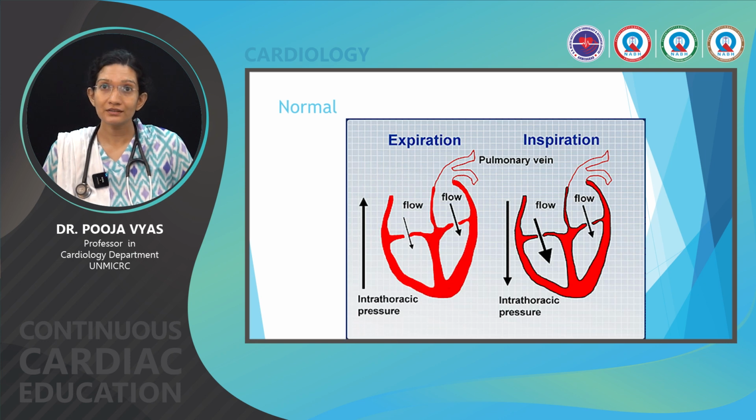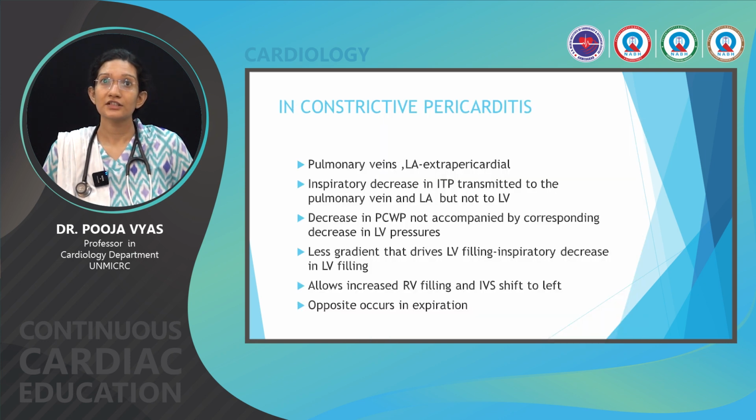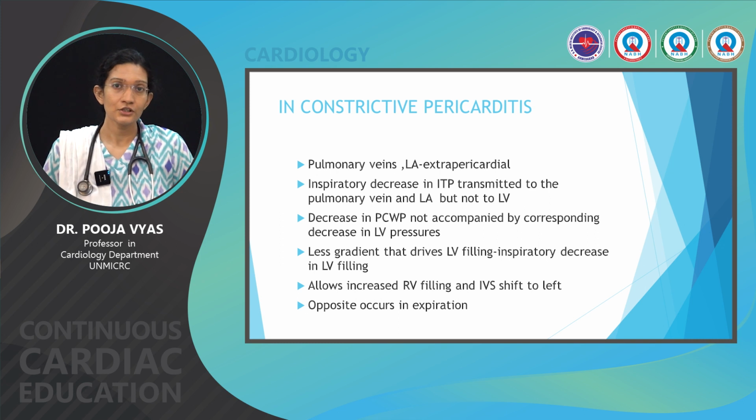But in constrictive pericarditis, the intrathoracic pressure which decreases during inspiration will not be transmitted to the LV, but it will be transmitted to the pulmonary vein and LA. We discussed previously that the left atrium is largely extrapericardial. So the decrease in intrathoracic pressure will be transmitted to the LA, but not to the LV.